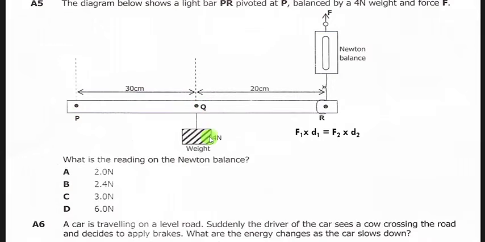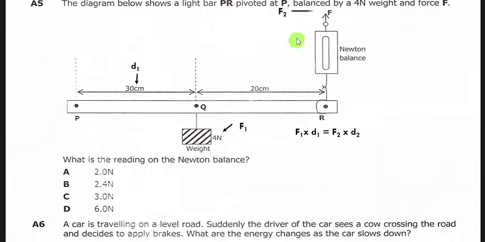Force 1 is the 4 Newton weight, and where it is hung from the pivot, this is its distance, so it is at 30 centimeters.